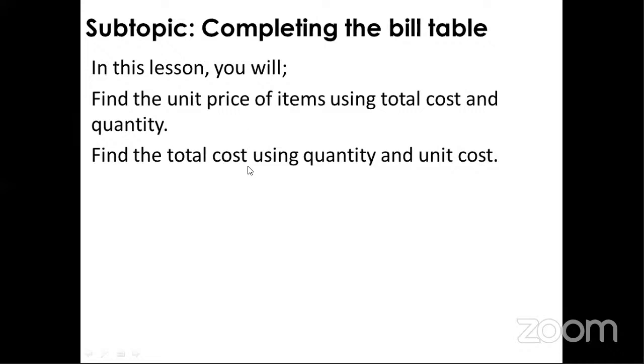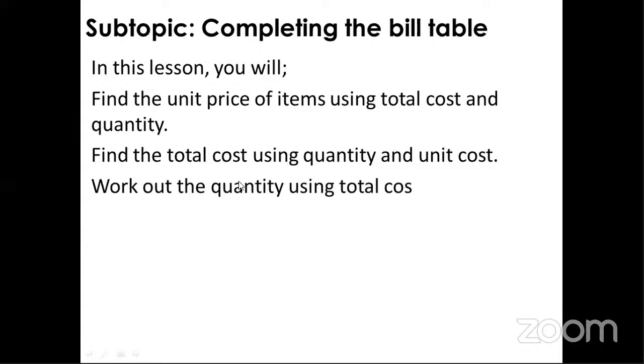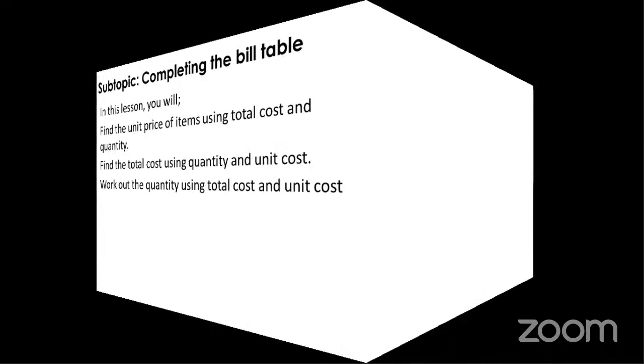One of them will be missing and they will be asking you to find it. Then you will be able to work out the quantity. These are some of the things that we are going to find missing in the table once we are filling our table.